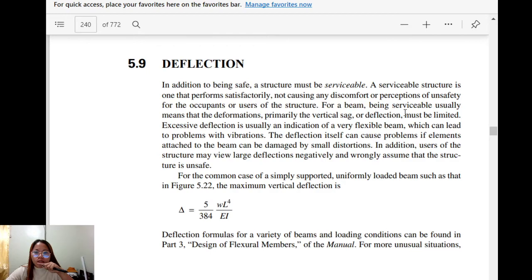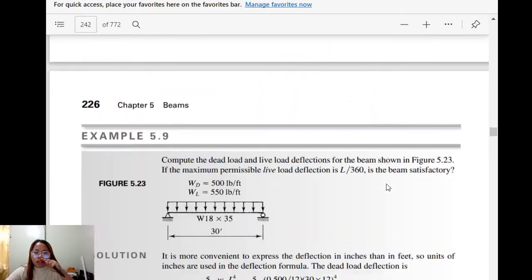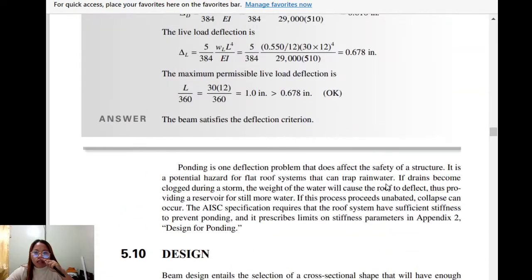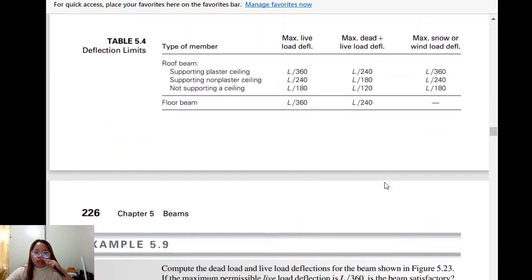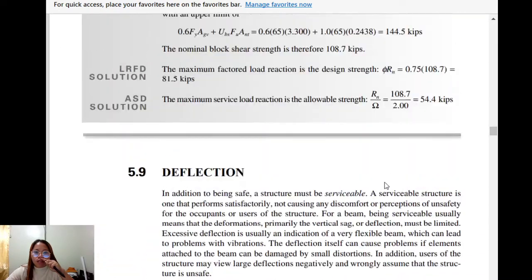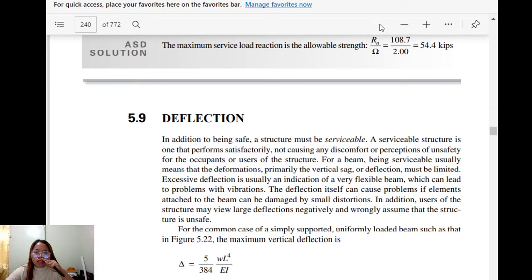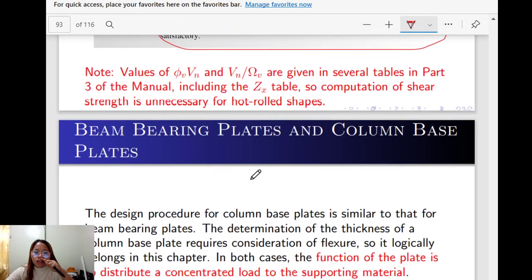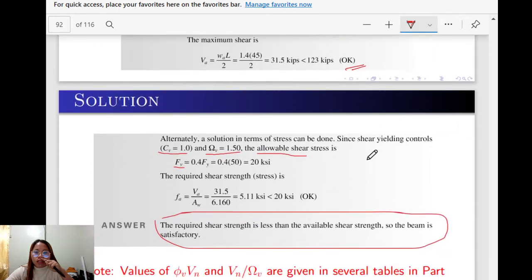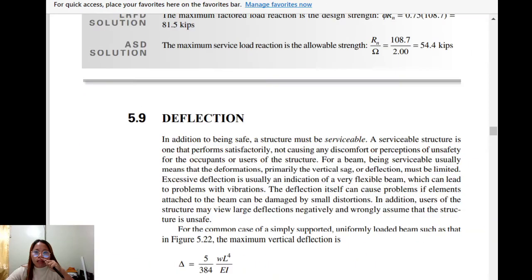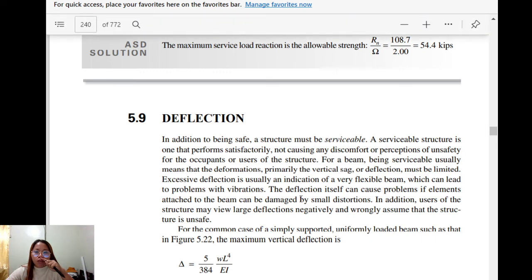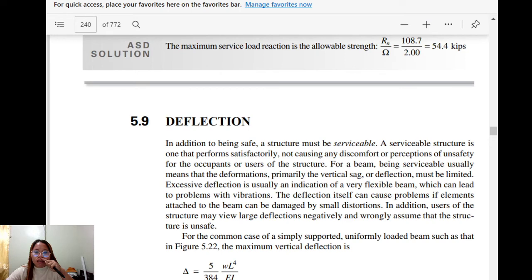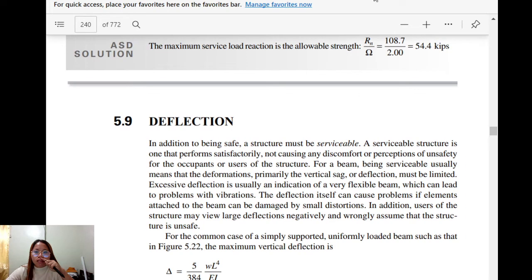So, let us discuss deflection, since it is not in the slides but it is in the book. Kindly scan the book and see this 5.9 deflection.